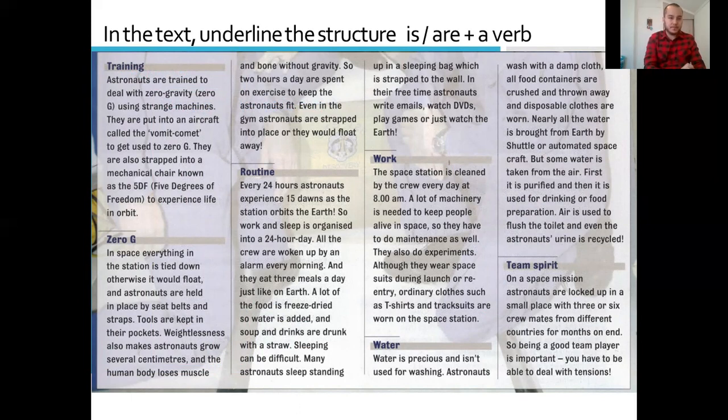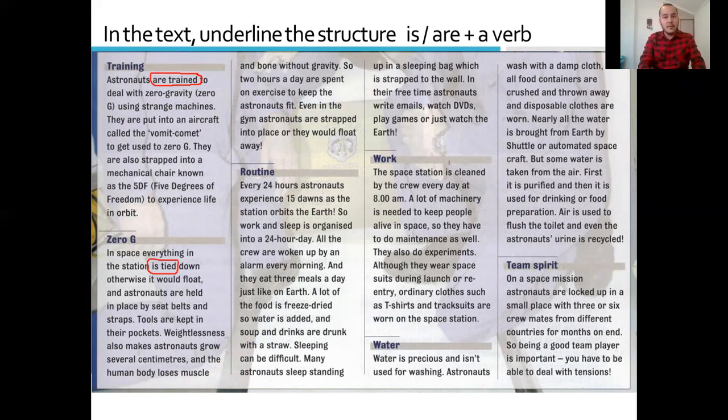For example, in the text it says training. Astronauts are trained to deal with zero gravity using strange machines. You can see are, okay, plus an action, plus the verb, which is trained. Yes? So please, you are not going to underline, you are going to circle the examples.